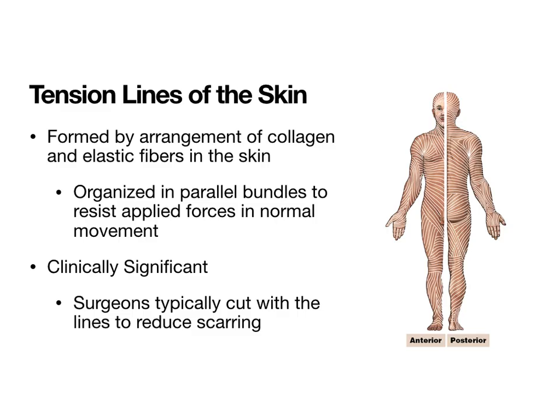Most notably is surgeons. They typically cut with the lines to reduce scarring. So if you look at the image over there, it shows our mapping of the tension lines of our body.